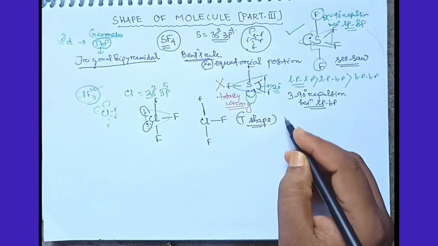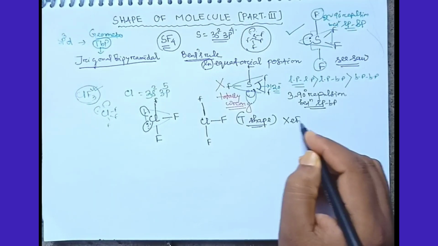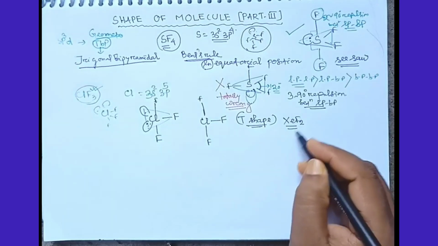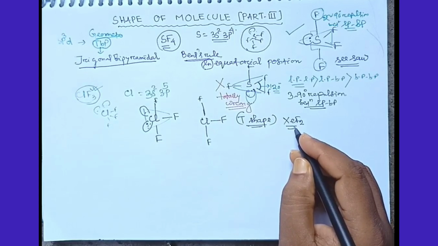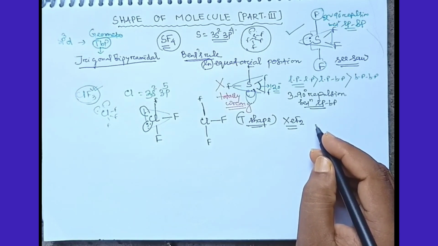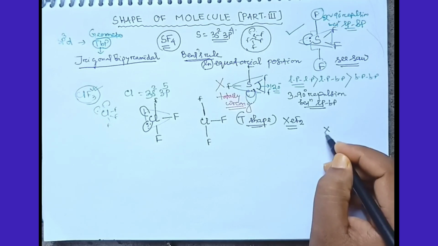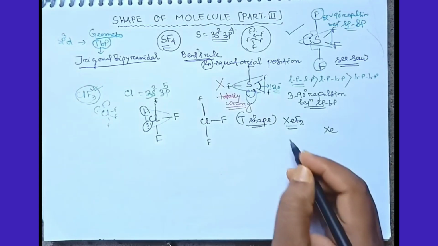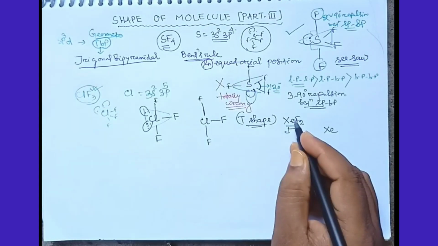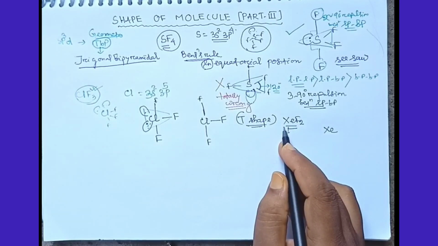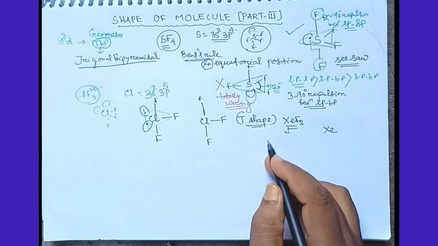One more molecule, XeF2, xenon difluoride. Xenon is a zero group element, we know. So it has 8 outermost electrons in its orbit. So what will be the shape? Xenon, here 2 fluorine atoms are peripheral atoms. Apart from this, it has 6 electrons remaining as 3 lone pairs.